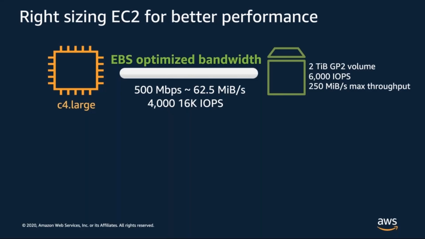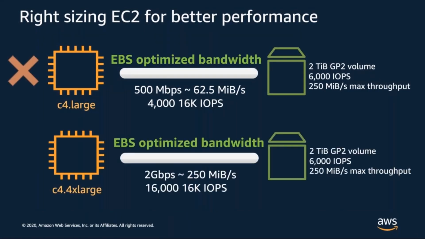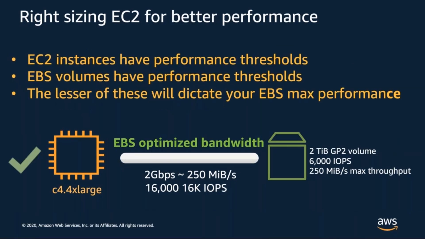However, if you attach a C4 4x large instance, EBS optimized bandwidth is about 16,000 IOPS. So this meets your application requirements of 6,000 IOPS. So the summary here is EC2 instances have performance thresholds. EBS volumes have their performance thresholds. The lesser of these will dictate your EBS maximum performance.